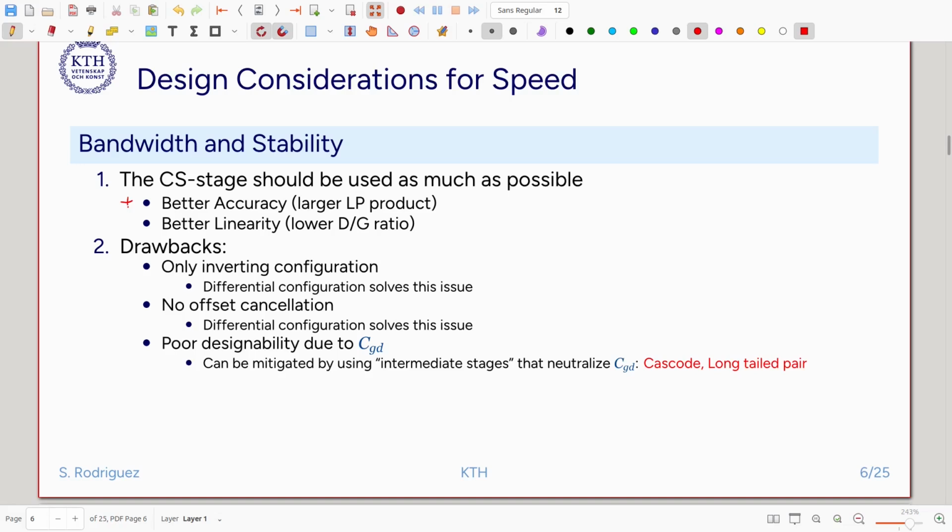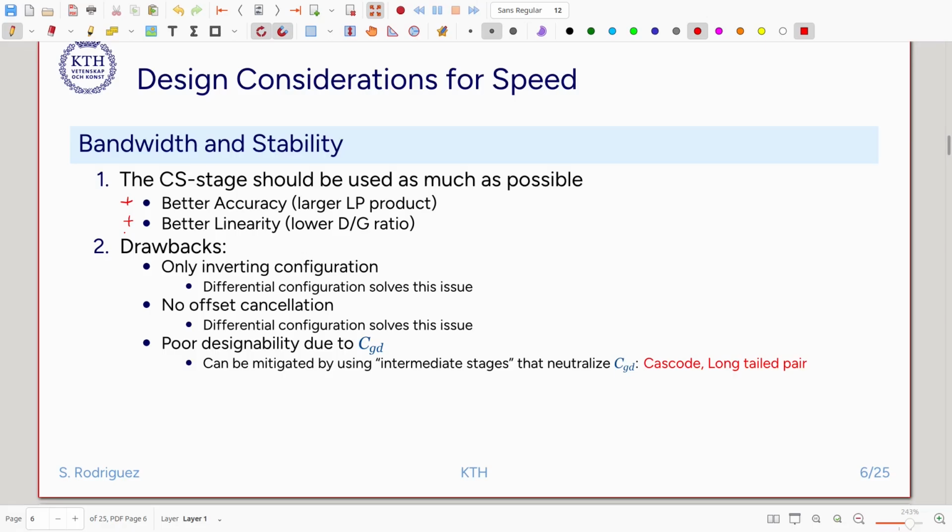So we have a larger loop gain pole product that helps us with accuracy. We have much better linearity for the same reason: with a lot of loop gain, the nonlinearities are corrected.